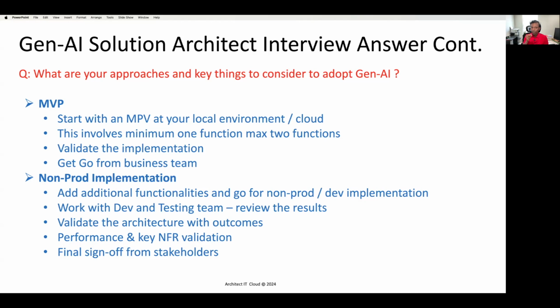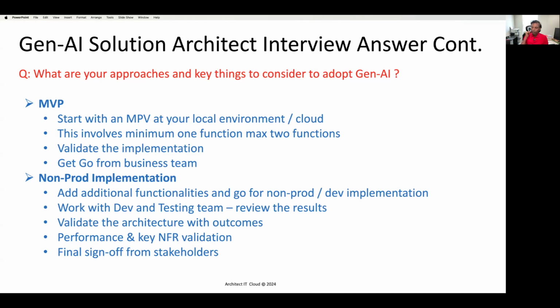For example, if your business team is planning to implement this generative AI architecture to improve productivity, reduce cost, or reduce the total cost of ownership, they know better in terms of business. So showcase this functionality, make sure that they understand the business impact, and get a go from the business team for implementing this particular project.